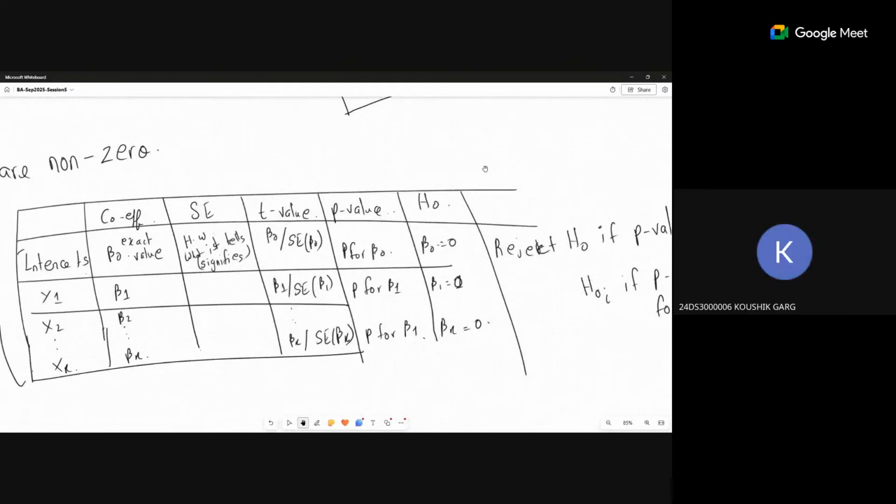Sir, you asked about the standard error. Basically, I think it's how the sample means vary from the population means. That is not very accurate, because when you say sample mean, it's not only for the mean. Here you are not doing it for the mean, you are doing it for the beta estimate.